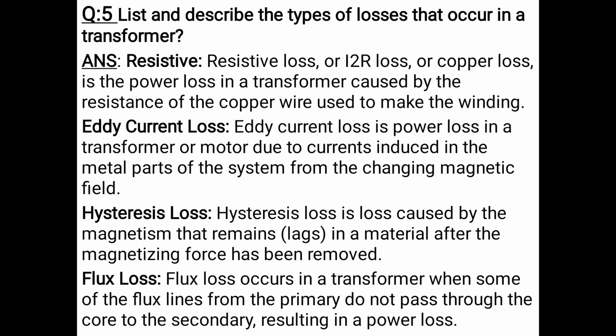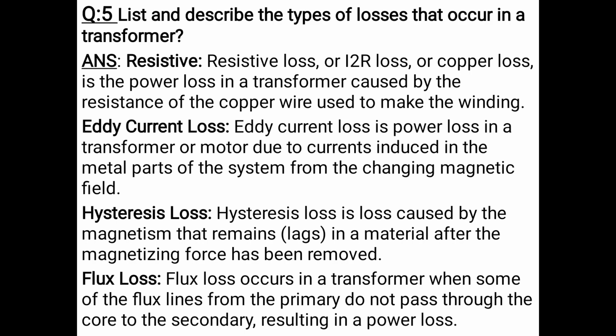List and describe the types of losses that occur in a transformer. Resistive or copper losses are the power losses in a transformer caused by the resistance of the copper wire used in making the winding.